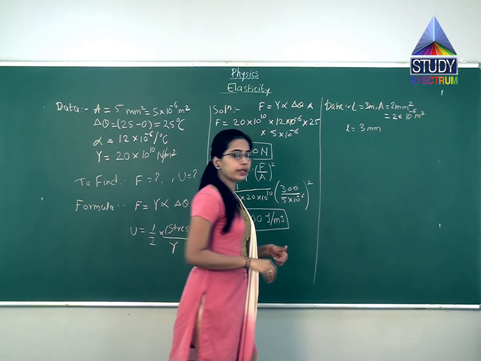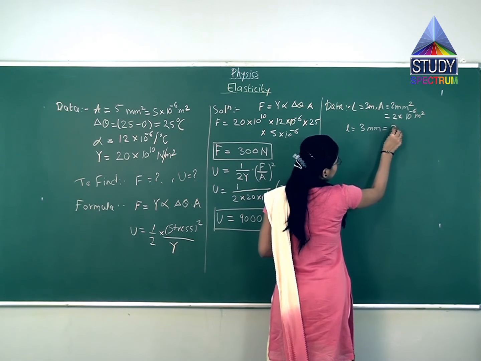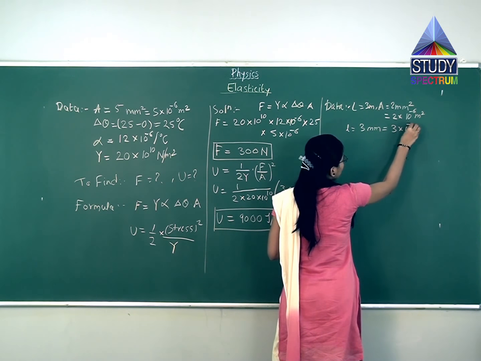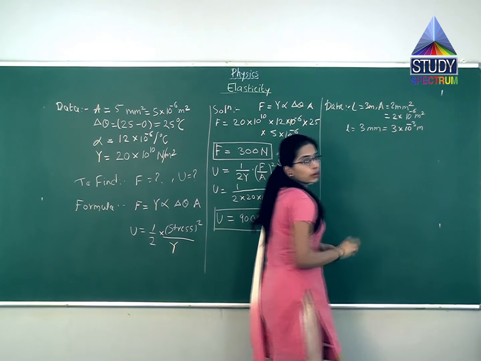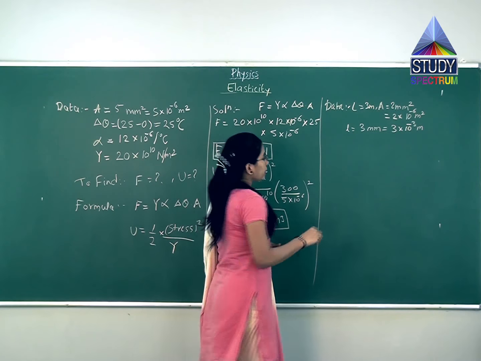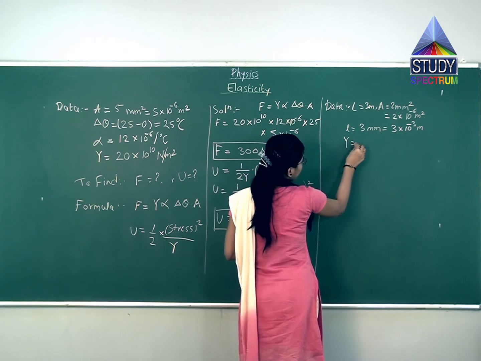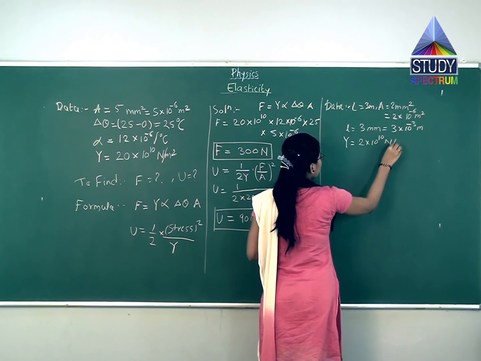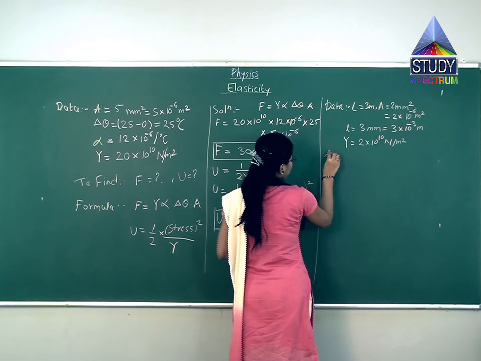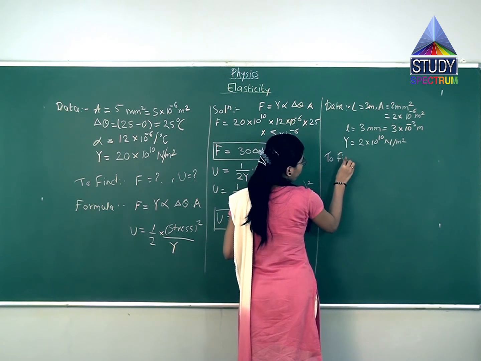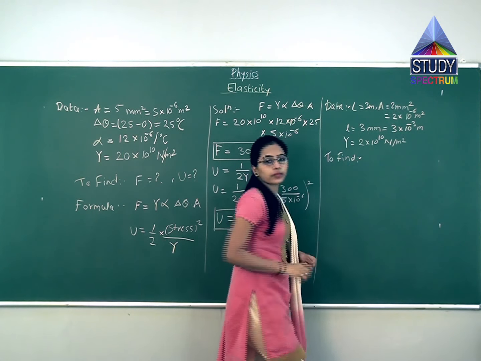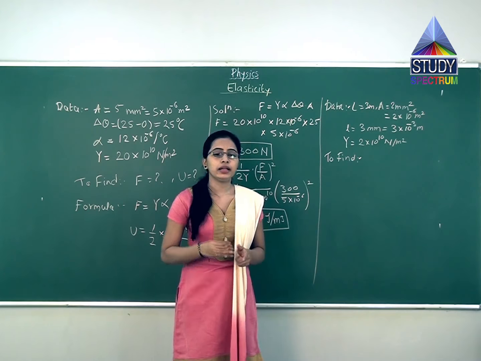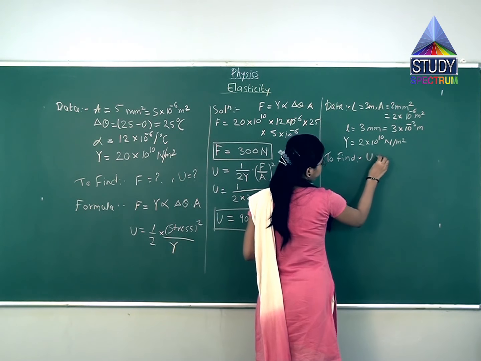It is 3 millimeter, so it will be 3 into 10 raised to minus 3 meter. Then Young's modulus for steel is given. It is 2 into 10 raised to 10 Newton per meter square. Now here we have to find strain energy, that is U.